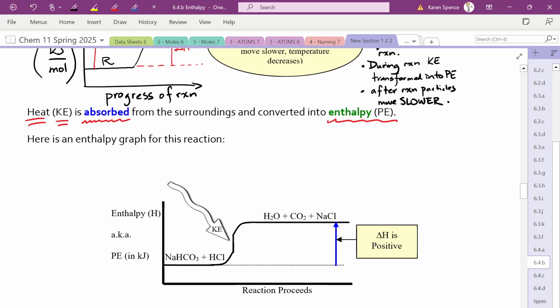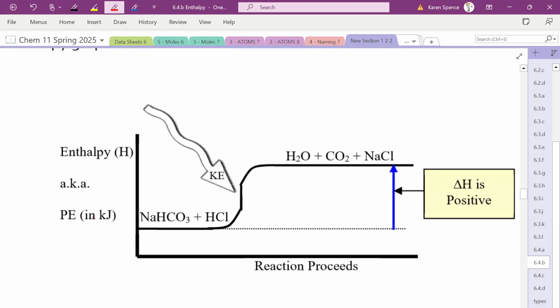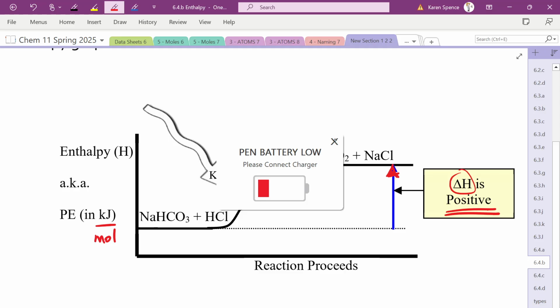Okay, and here is an enthalpy graph for this reaction. So we have our enthalpy, we have potential energy in kilojoules per mole. All right, you can see our reactants are lower, our products are higher. Delta H is going upward, so the change in enthalpy is positive. Okay? Where did we get that extra potential energy from?